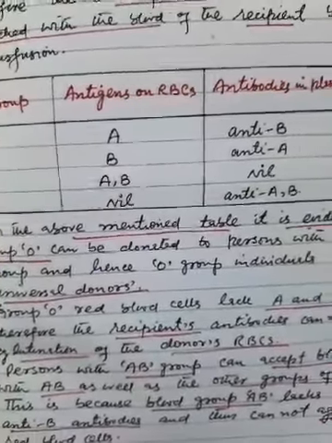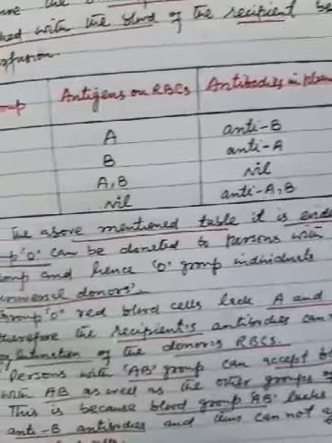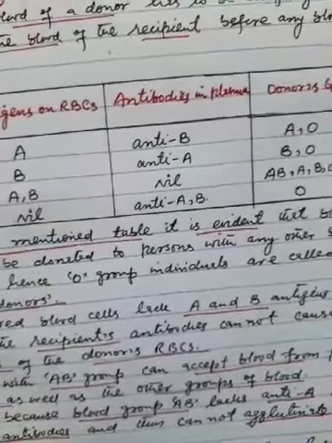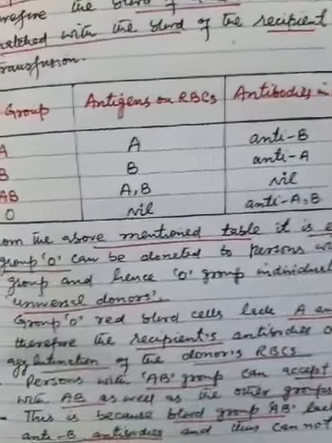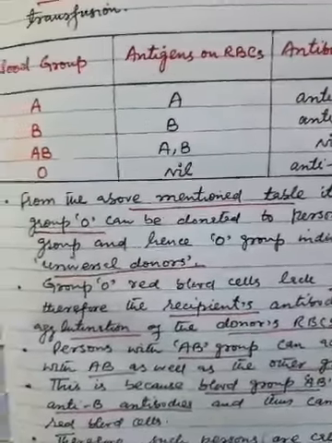Group O red blood cells lack A and B antigens, therefore the recipient's antibodies cannot cause agglutination of the donor's RBCs.